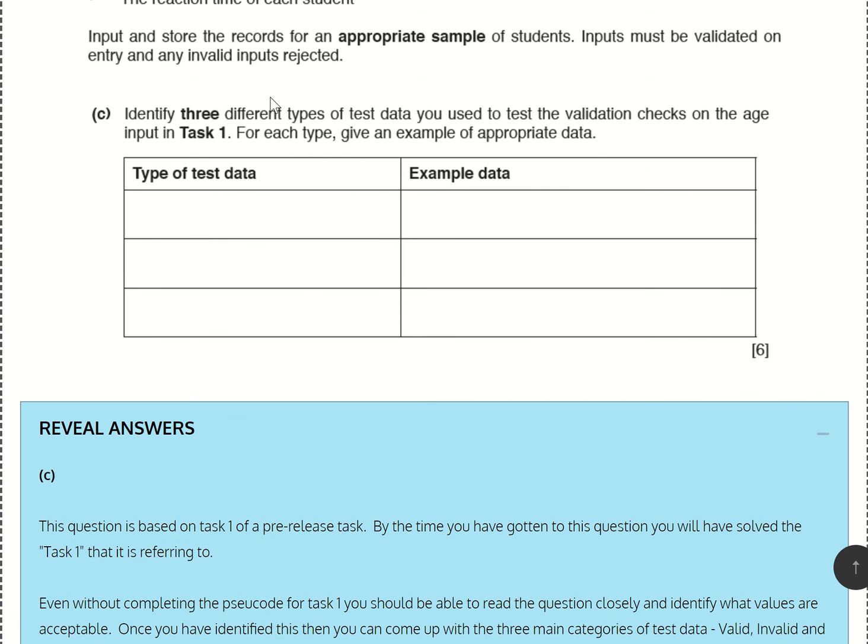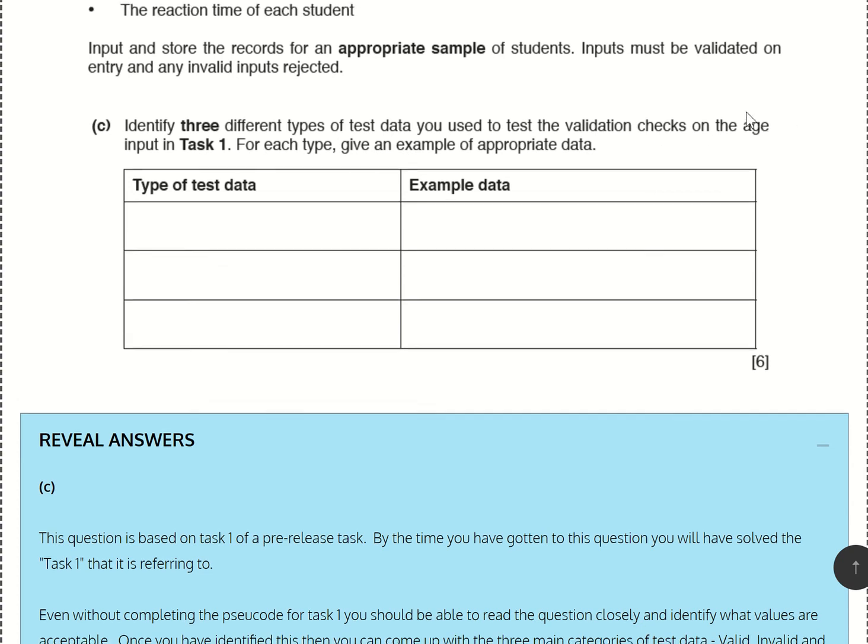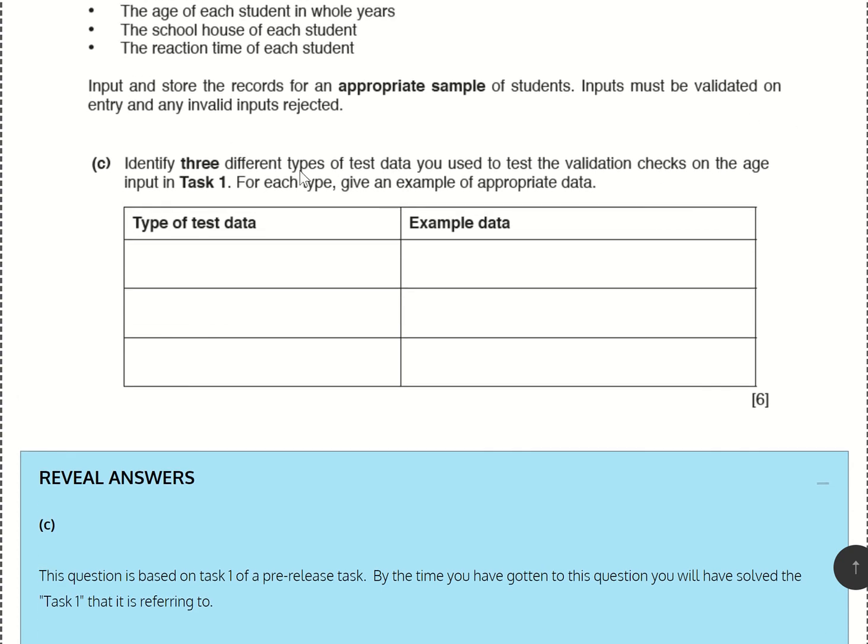So we're putting three different types of test data to test the validation on the age. This is for the age, and we're validating the age. So there are three: one, two, three. Give an example for each type.